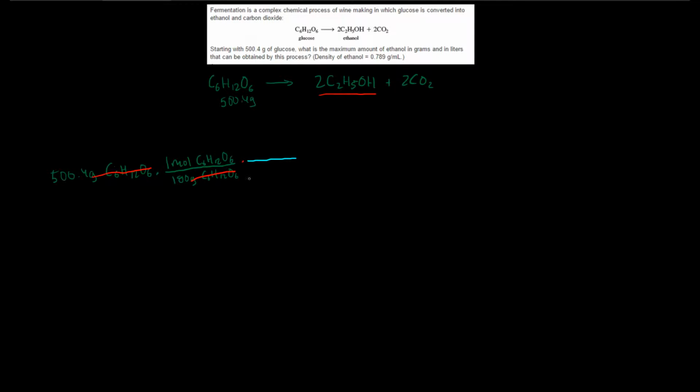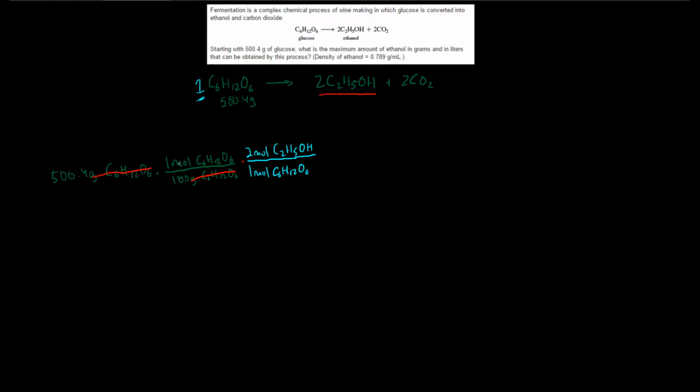2 moles of ethanol. And so we're going to use the same line of thinking where we need to cancel out the units. So for the molar ratio, 1 mole, see there's an imaginary 1 here, 1 mole of glucose, C6H12O6, and we produce 2 moles of C2H5OH.